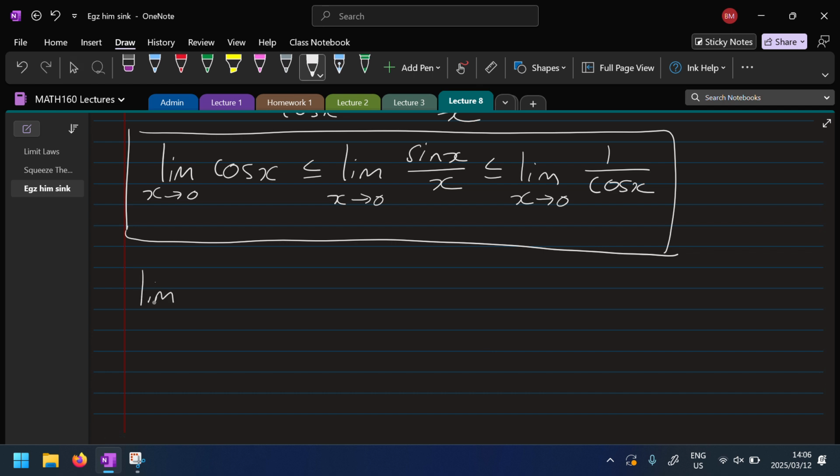So the first one, limit x goes to 0 cos x. What's that going to be? 1. Limit x goes to 0, 1 over cos x. What's that going to be? 1. The left side is 1, the right side is 1, the middle must also be 1.